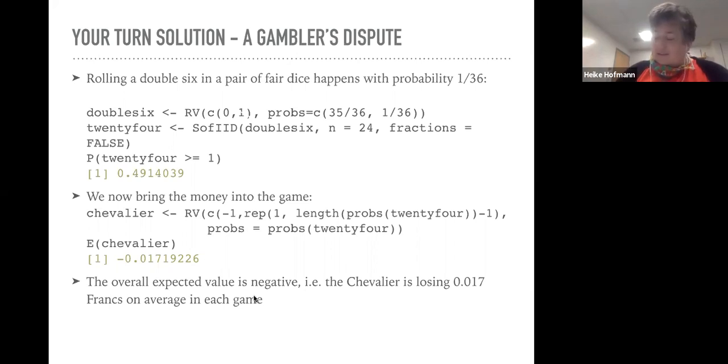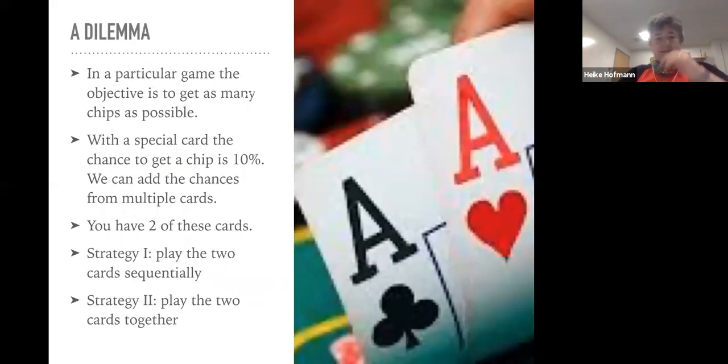So let's try another expected value. Let's say that in this particular game, the goal is to get as many chips as you possibly can. So you get a special card, and for this particular card, your chance to get a chip is 10%.